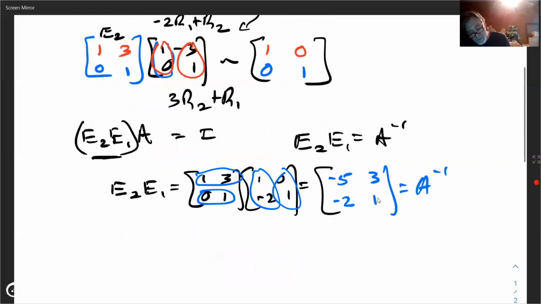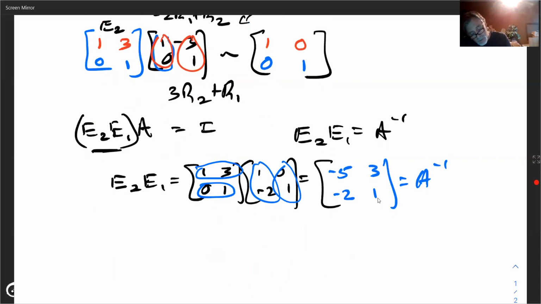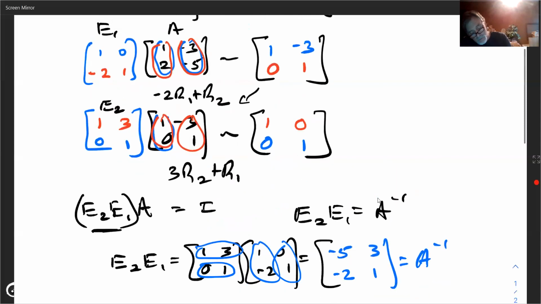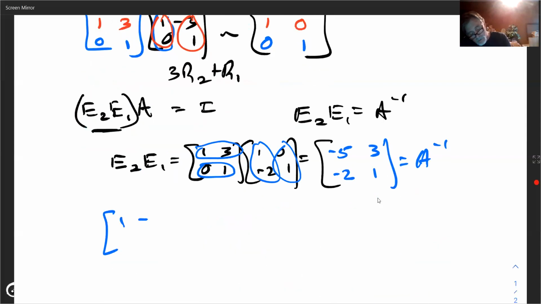Do you remember how to find the inverse of a matrix? If you take A, which is way up there now, it is 1, negative 3, 2, negative 5. And if you take its inverse, remember the trick? You're going to go 1 over the so-called determinant. It's going to be 1 times negative 5 is negative 5 minus a negative 6.